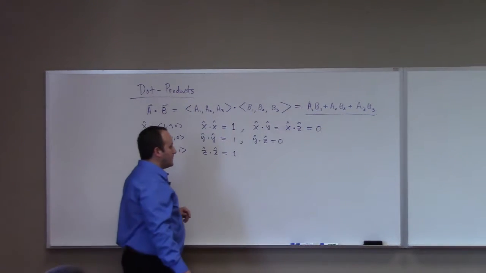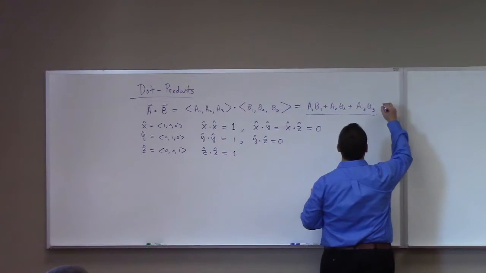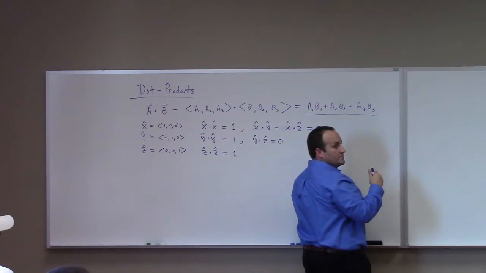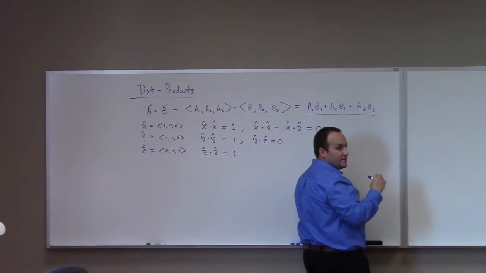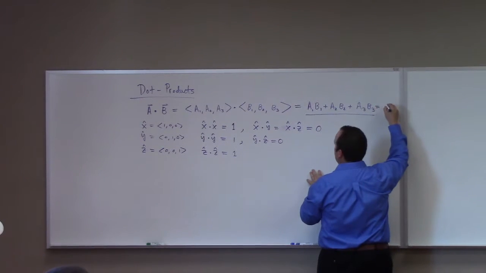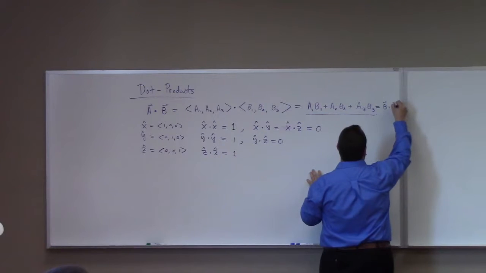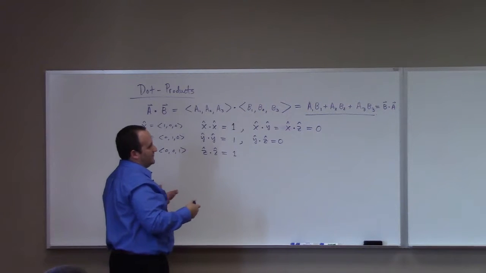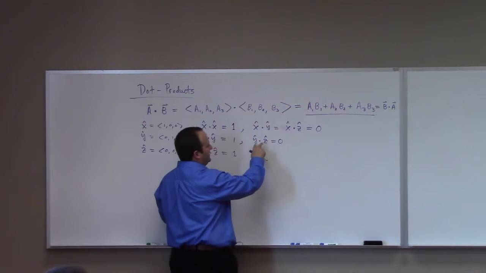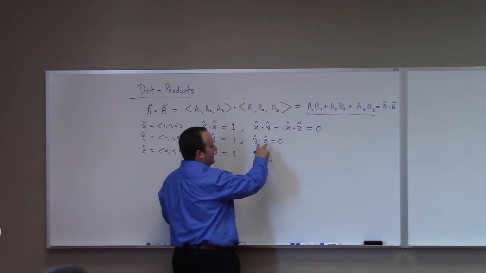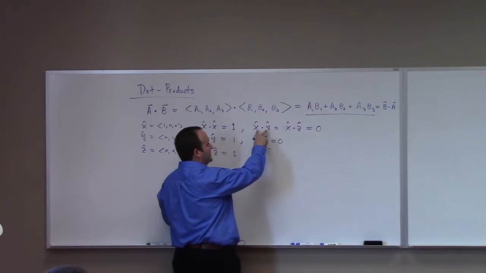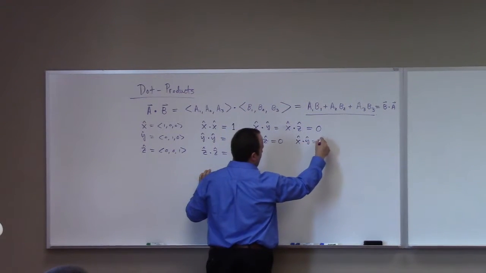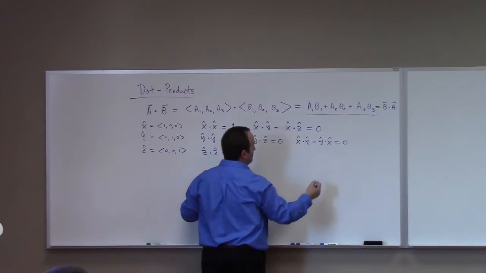If I change the order of the A's and the B's, I have the same expression, because real number multiplication commutes. So you can easily convince yourself that this is the same as B dot A. I'll prove that in a bit, but I'm saying it now to point out I don't need to calculate y hat dot x hat, because I know x hat dot y hat is 0, so y hat dot x hat is equal to it, and they're both 0.